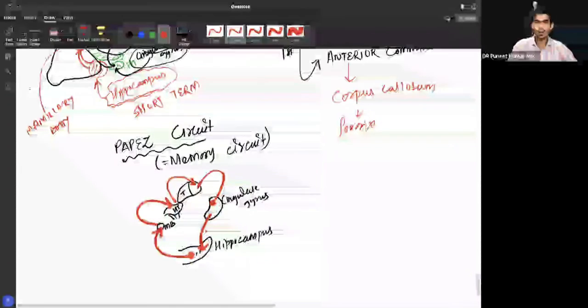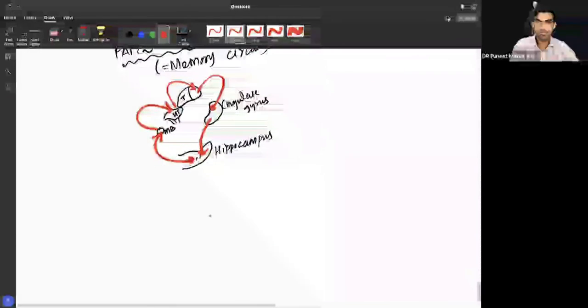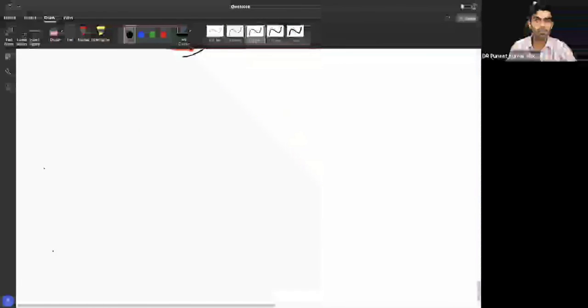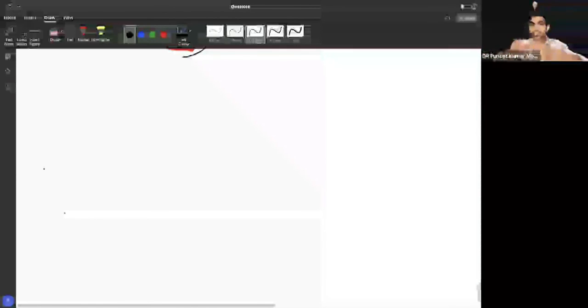Okay. Now let's have a look at the ventricles. What are the ventricles actually? The ventricles are the neural tube cavity.